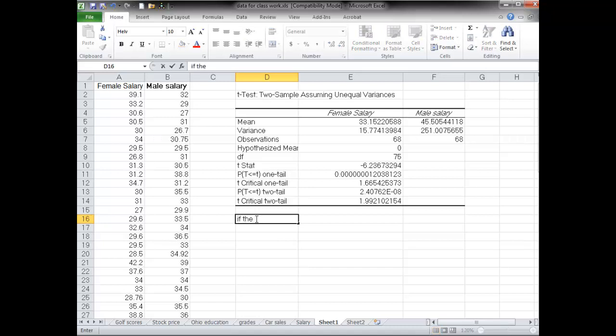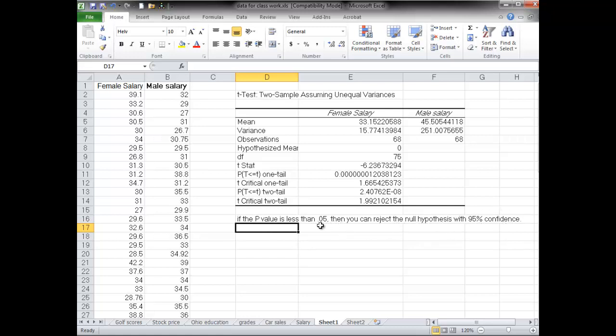If the p-value is less than 0.05, then you can reject the null hypothesis with 95% confidence.